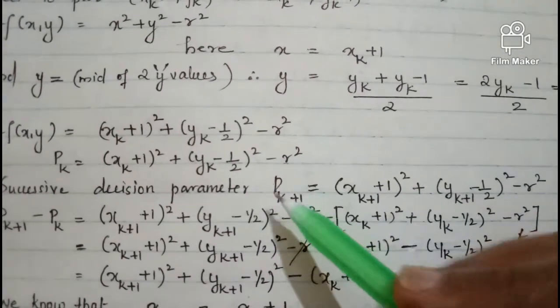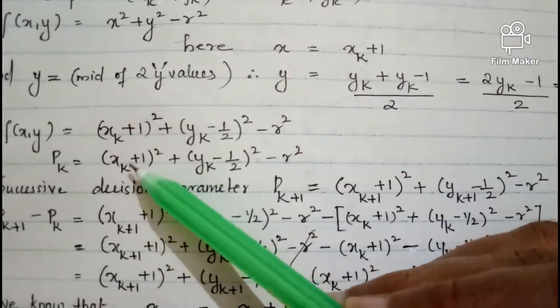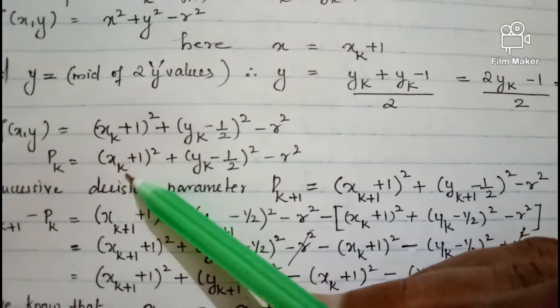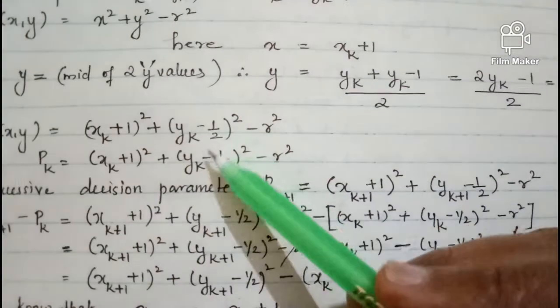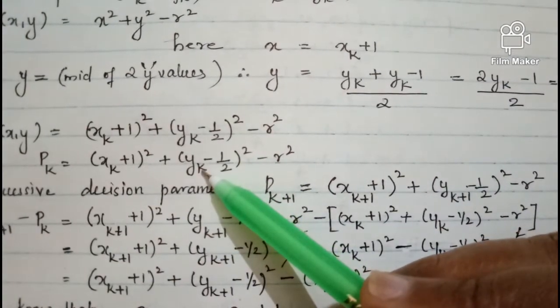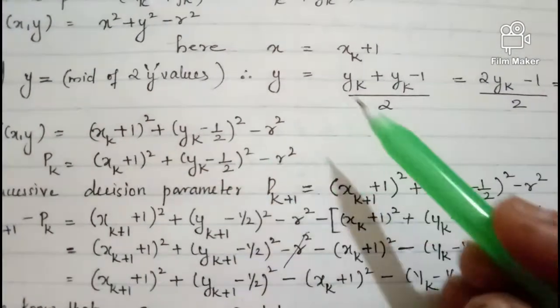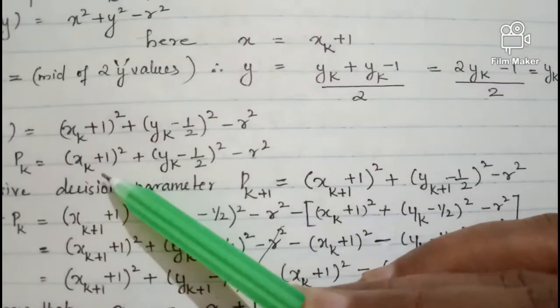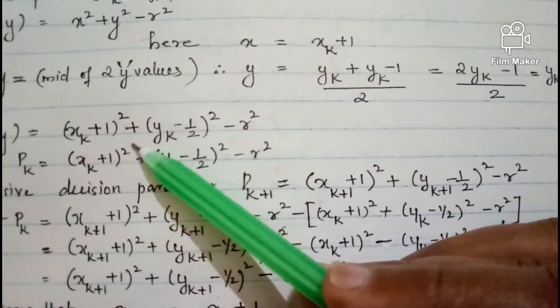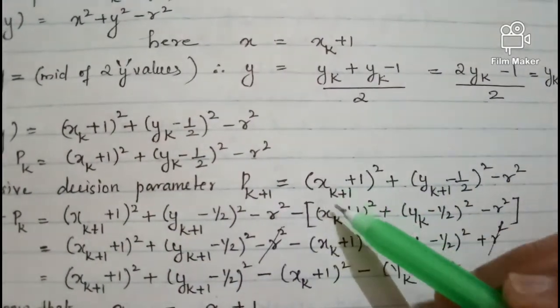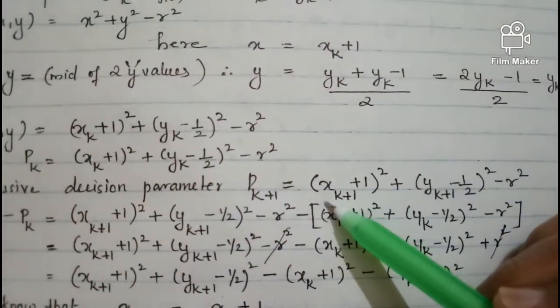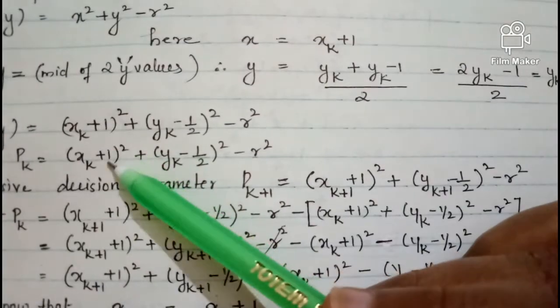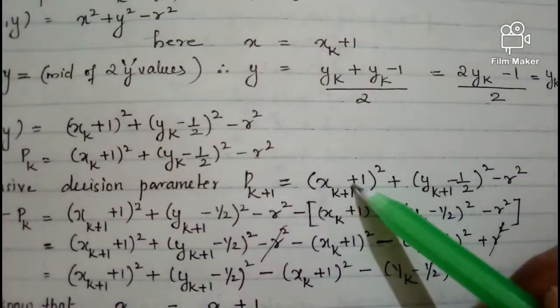The value of pk plus 1 can be computed by substituting xk by xk plus 1 and substituting yk by yk plus 1. So what will it become? xk plus 1 the whole square will become xk plus 1 plus 1, that is xk became xk plus 1. All the remaining are the same.